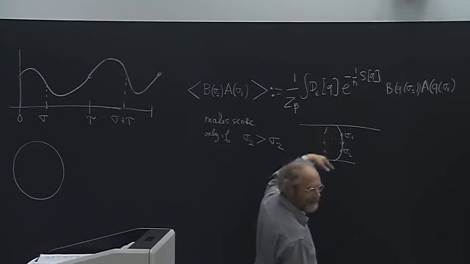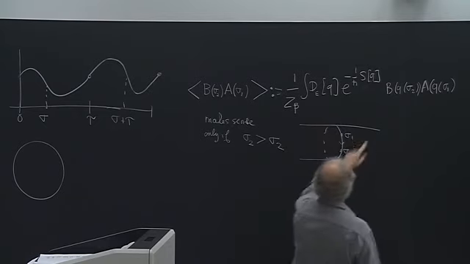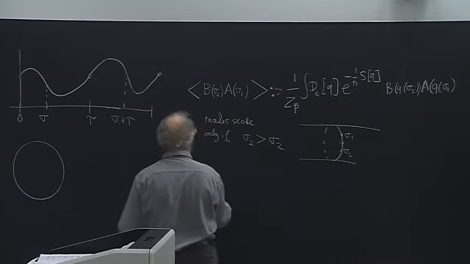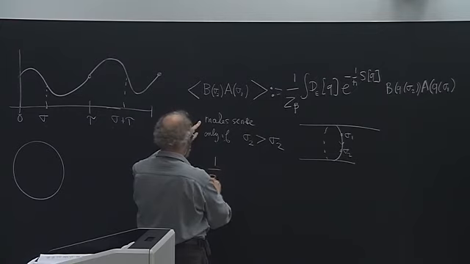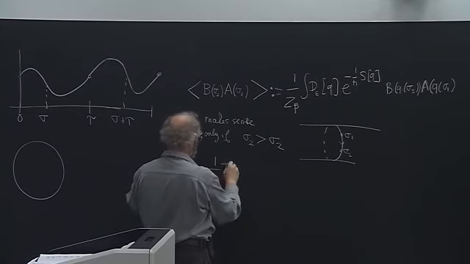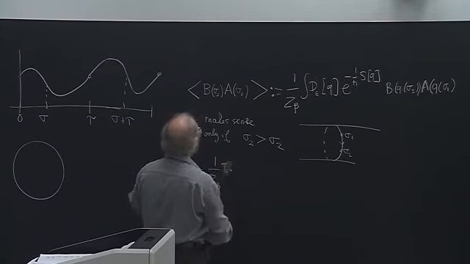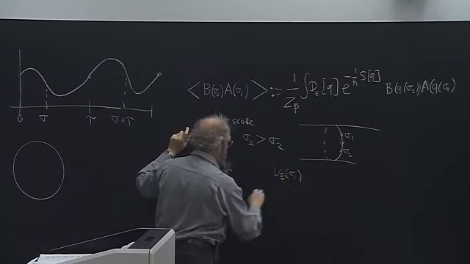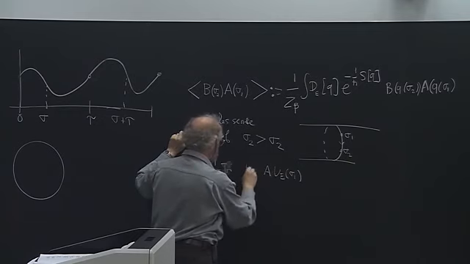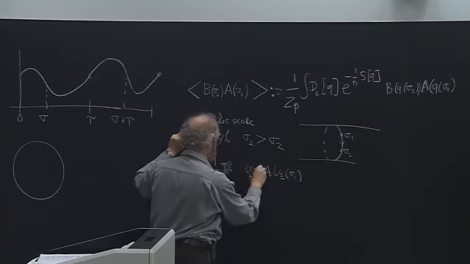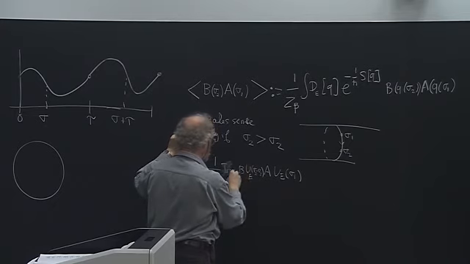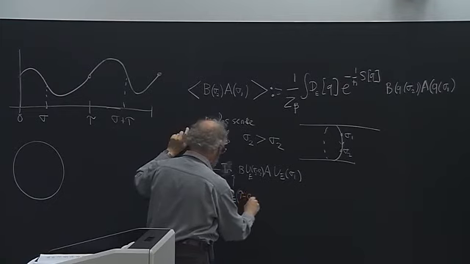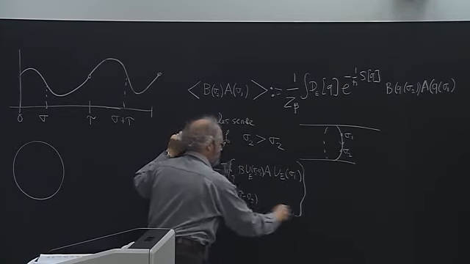That's because this corresponds to the trace of U Euclidean of sigma 1, A, U Euclidean of sigma 2 minus sigma 1, times B, and then you insert U Euclidean of tau minus sigma 2. You see?